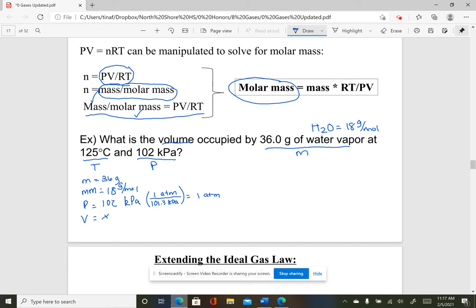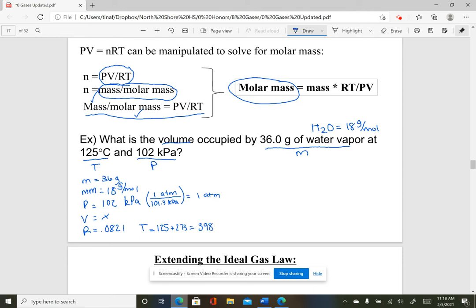What is the volume? R is my constant, 0.0821, and temperature is 125 degrees Celsius plus 273. Remember that my temperature has to be in Kelvin. So 398.